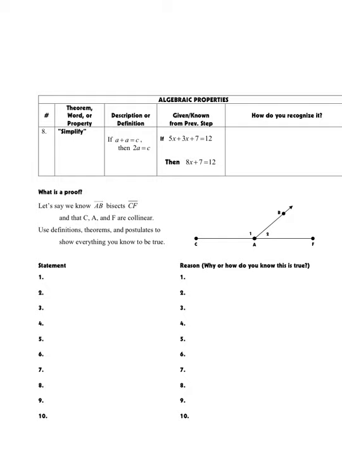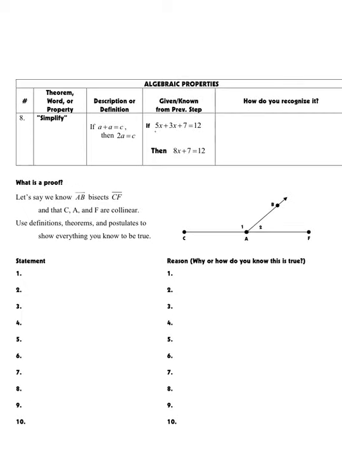And so if we look at our given, we can see that 5x plus 3x simplifies to 8x. So when we look at this, only one side of the equation changes. And what we were doing there is combining like terms.